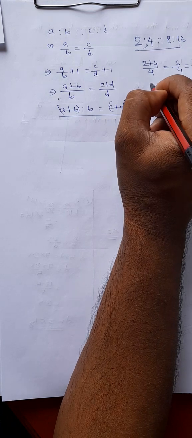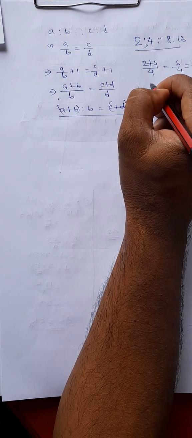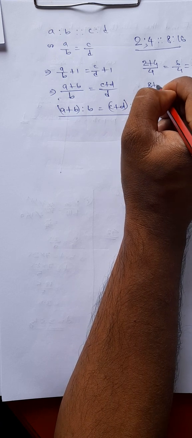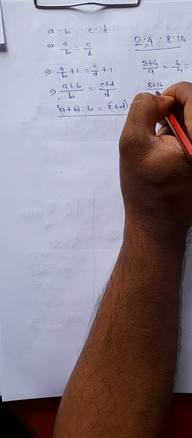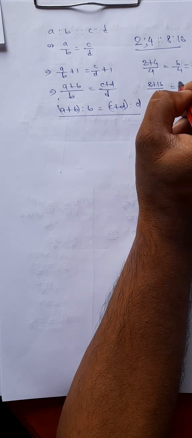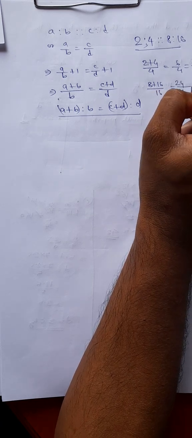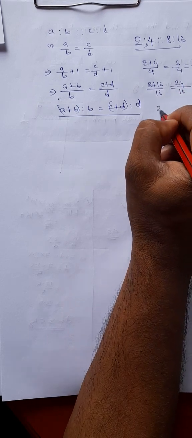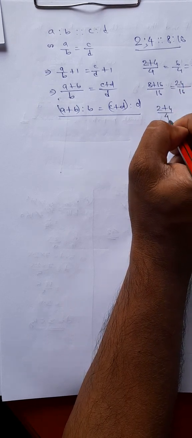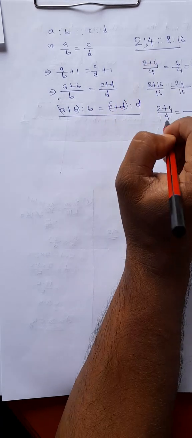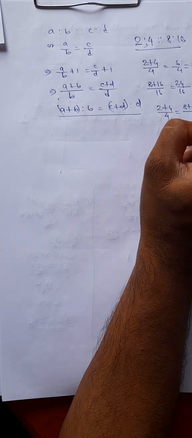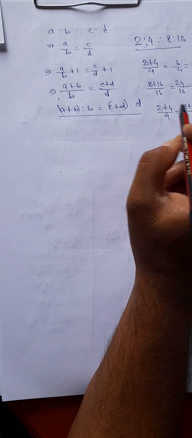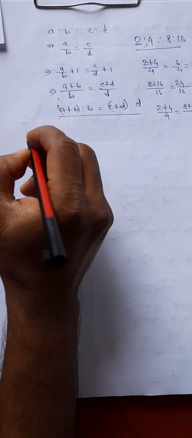And C plus D divided by D: 8 plus 16 divided by 16, 24 by 16, this is 3 by 2. That means 2 plus 4 divided by 4, A plus B divided by B, and C plus D divided by D, they are same, right? So this property is called componendo.